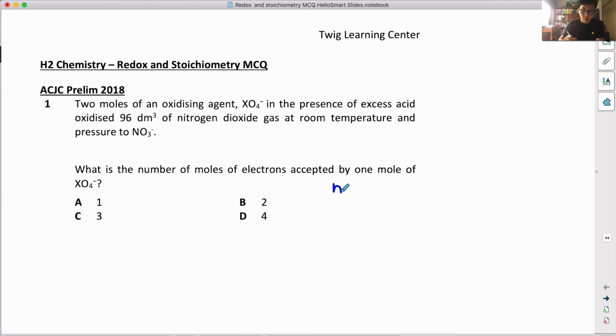What's the number of moles of NO2 to the number of moles of XO4-? I have to write the half equation for NO2 to NO3-. So NO2 becomes NO3-, so this is being oxidized.